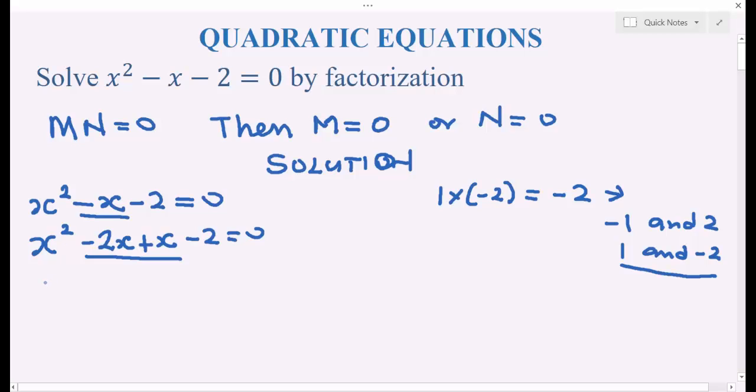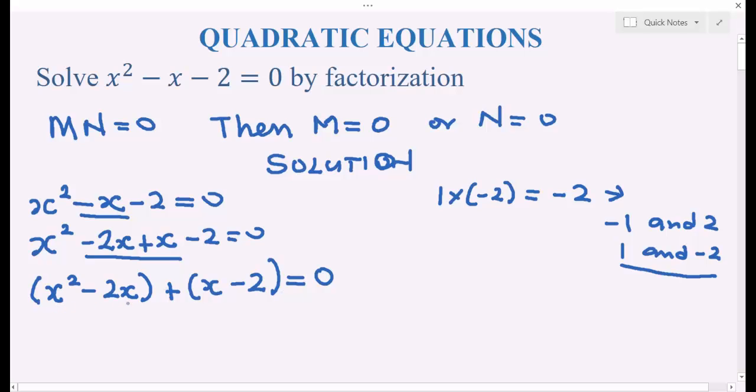So we go ahead and put them into brackets. This will give us x squared minus 2x, plus x minus 2, and this will give us 0.